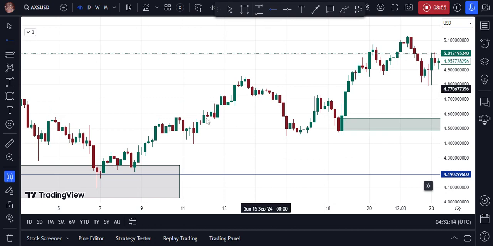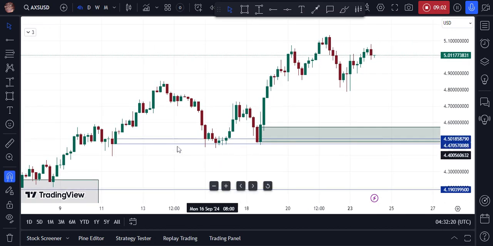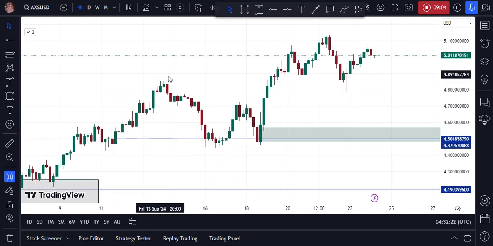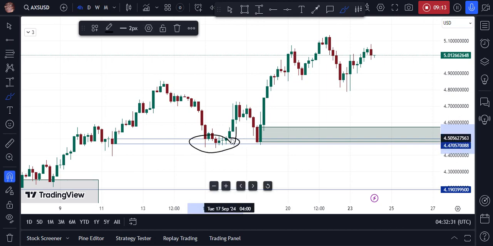That's why oftentimes I just prefer to use lines. So that's another engulfing here. Having the engulfing, price moved away from the zone and now came back to retest. So this is your retest.